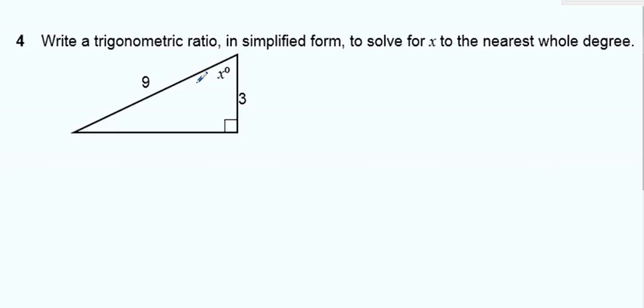And another one, opposite, adjacent, hypotenuse. So we have numbers on adjacent and hypotenuse, so that's what we do. Adjacent, hypotenuse, cosine.